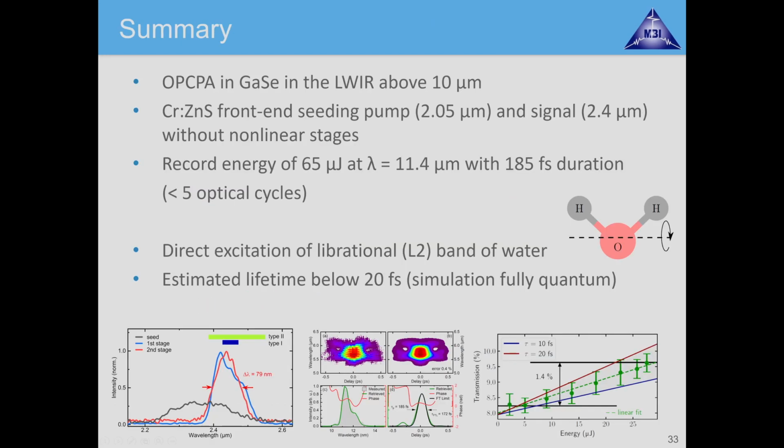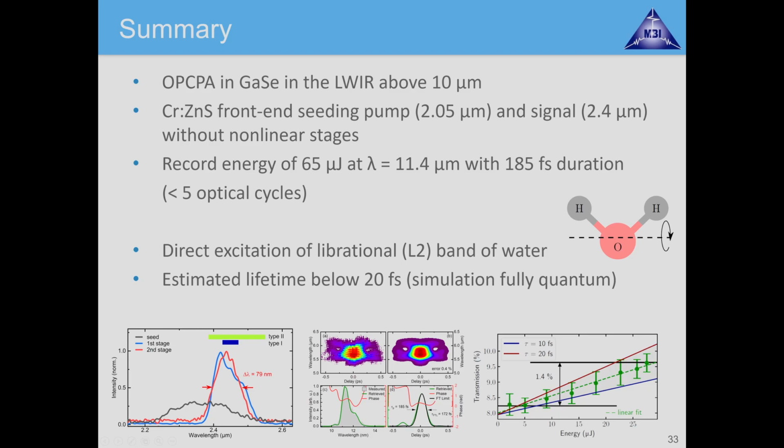Okay, and with that I'm coming to the end. I was talking today about the OPCPA in gallium selenide in the long-wave infrared spectral region above 10 micrometers, with a front end which is at the same time seeding the pump and the signal without nonlinear stages. It is a very powerful system.